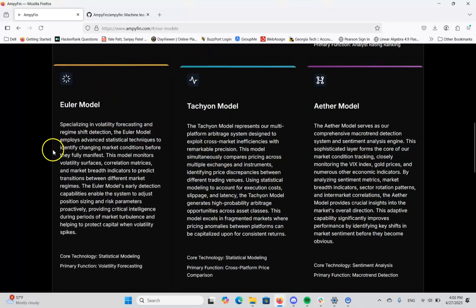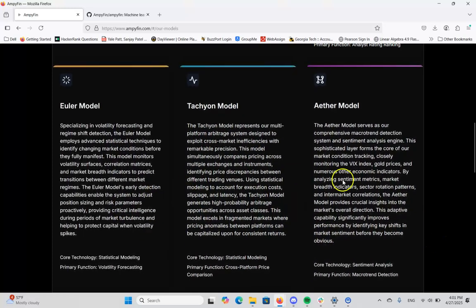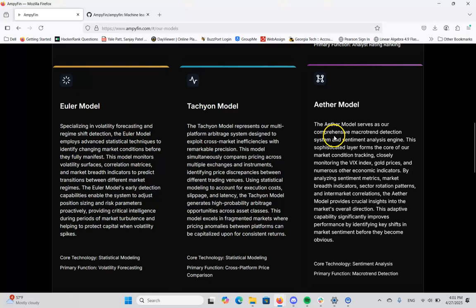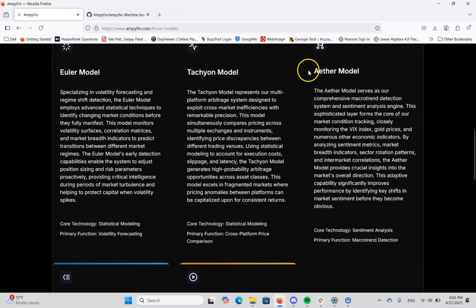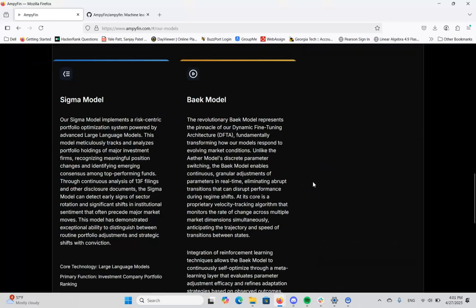That's why those two different indicators are very valuable in their own rights. Although the Ether model doesn't directly switch different models, it plays a key part because it supplies that data.